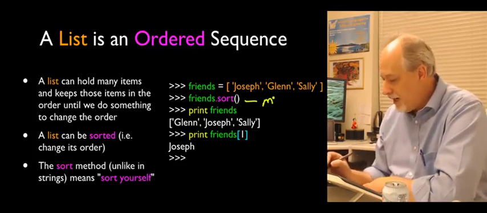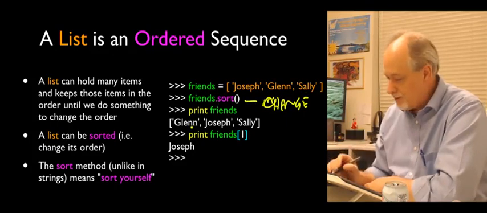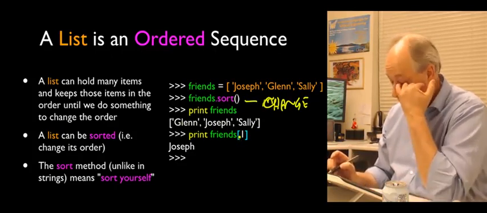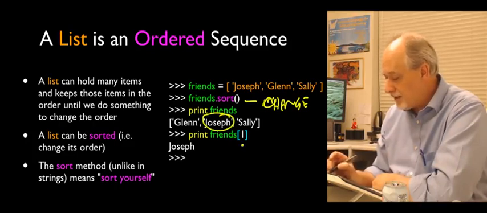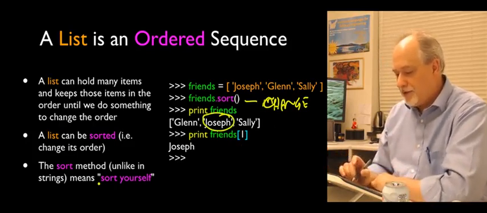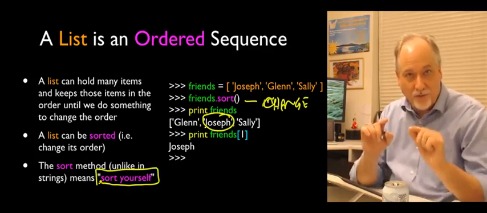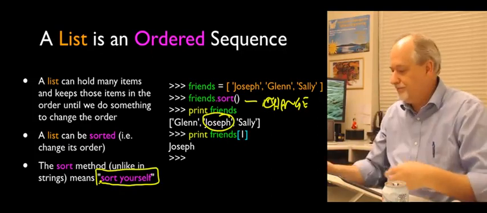This makes a change. It alters the list and puts it, in this case, in alphabetical order. Glenn, Joseph, and Sally. It has been modified, and so friend sub 1 is now Joseph because that's the second one. Okay. So the sort method says sort yourself, and it sorts, and then it stays sorted.